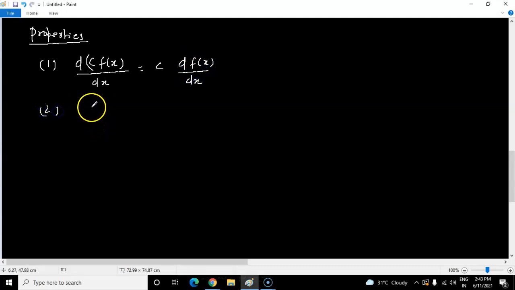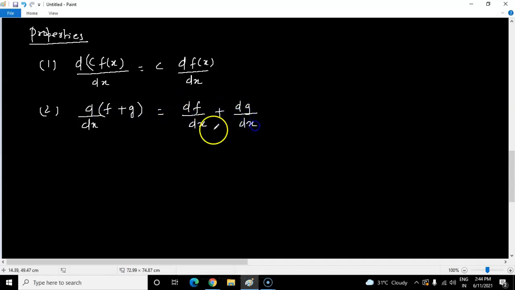Similarly, if two functions f of x and g of x are given, you can split them and differentiate separately. The same applies for the negative sign: you can split it separately.